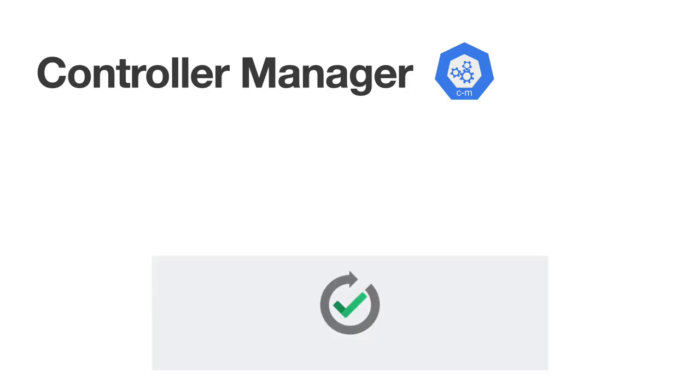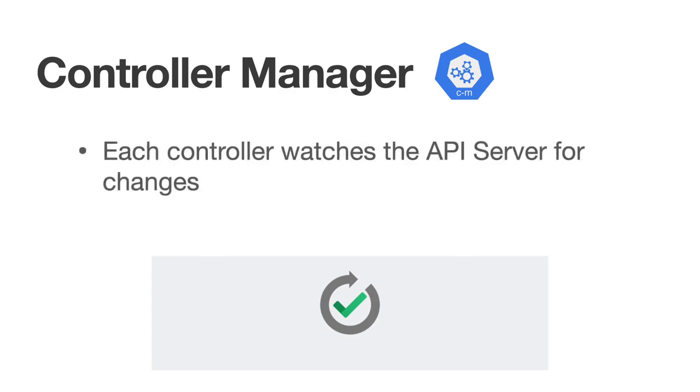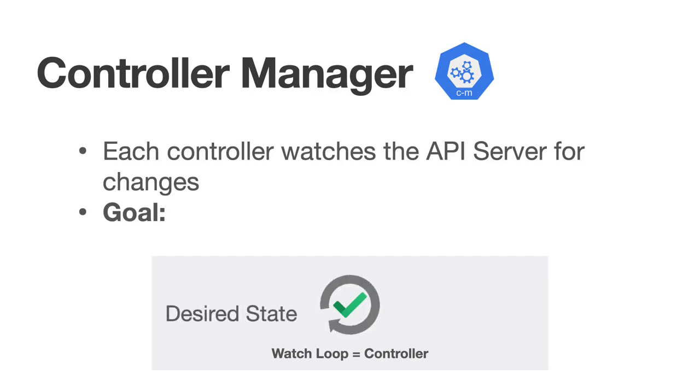And to put it this way, what the controller manager does is simply watch the API server for changes. And the goal is to watch for any changes that do not match our desired state. So we have a desired state and we have the current state.